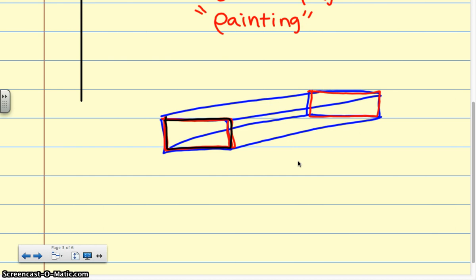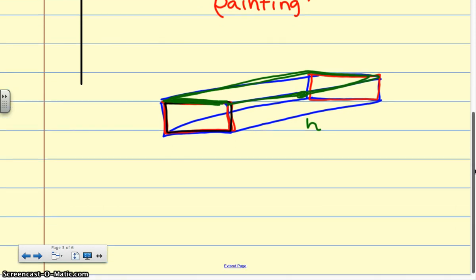If I were to look at this top rectangle, the top one, and I wanted to find the area of it, I would use this length, the height, times this length of the base. So if I wanted to find the area of the top rectangle, I go the height times the top part of the base. If I wanted to find the side rectangle, I'm using the height again.